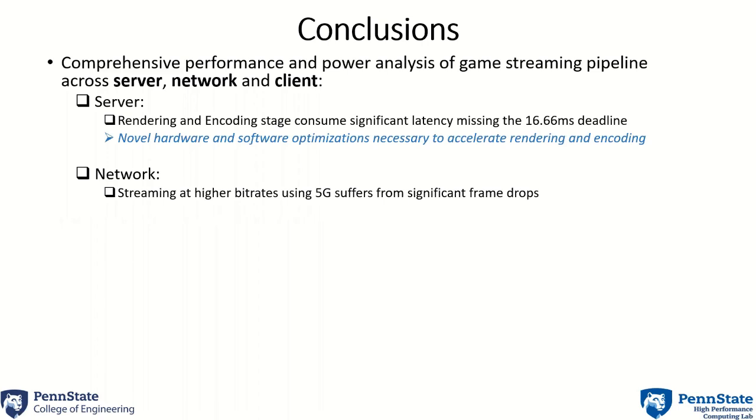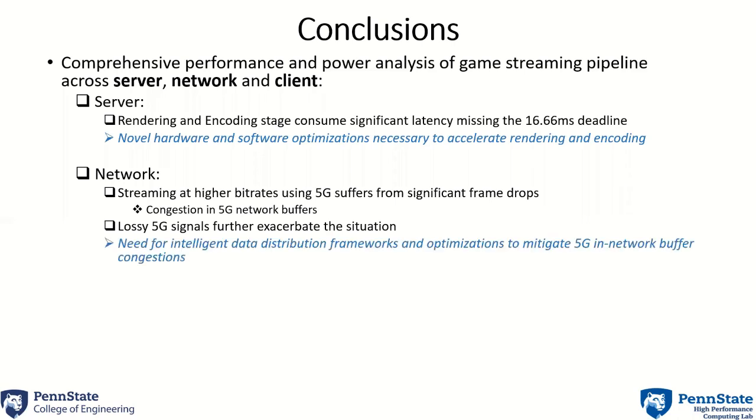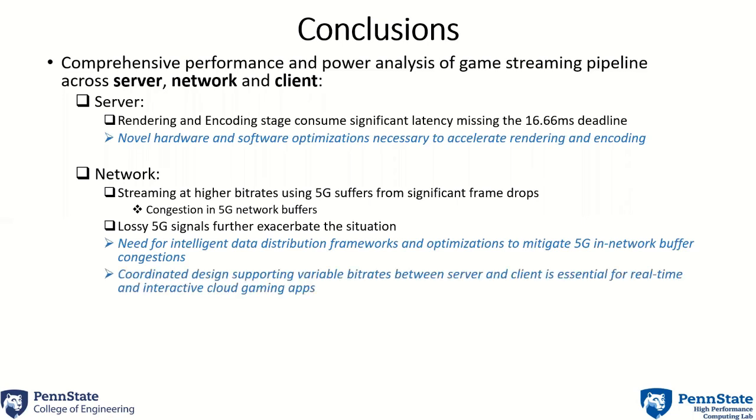At the network, streaming at higher bit rates using 5G suffers from significant frame drops due to congestion in 5G network buffers. Furthermore, lossy 5G signals further exacerbate the situation, thus demanding the need for intelligent data distribution frameworks and optimizations to mitigate the 5G in-network buffer congestions.